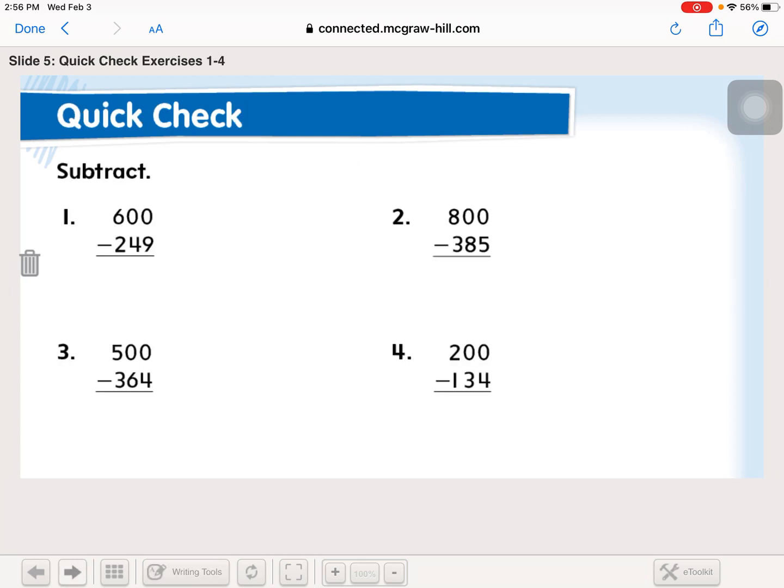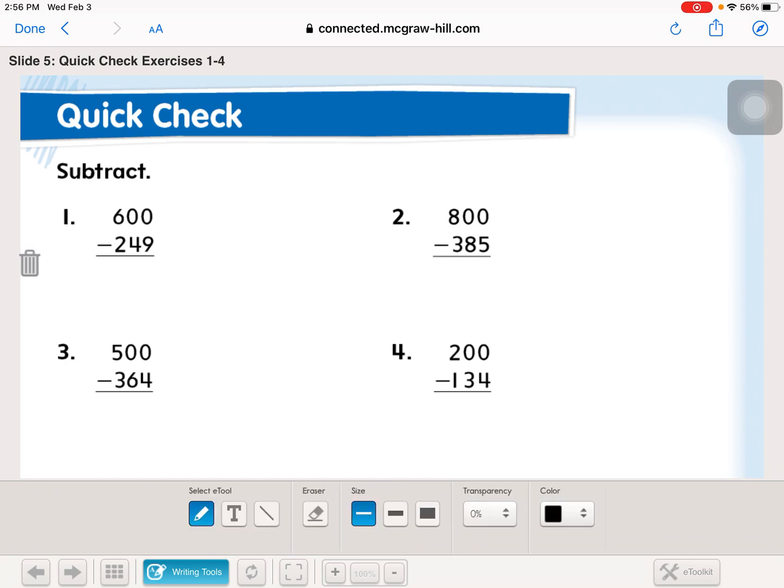Okay, let's practice subtracting across our zeros. This was a tricky concept that we learned in our last unit. We know we have more on the floor, so we've got to go next door, but there's nothing next door, so we have to go next door again. We're going to go all the way over to that 6. We're going to take 100 and break it into 10 tens.